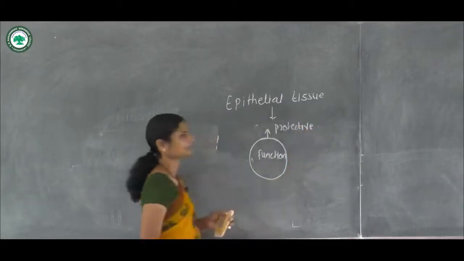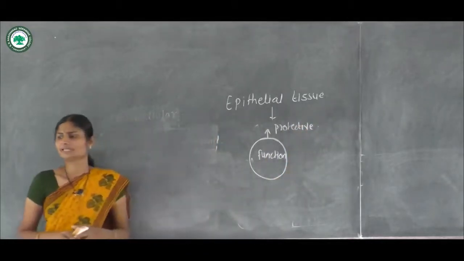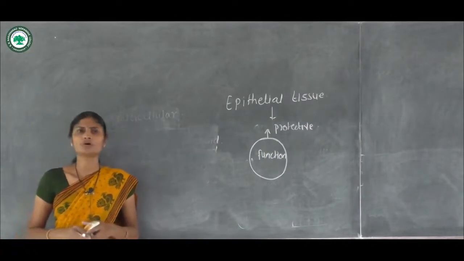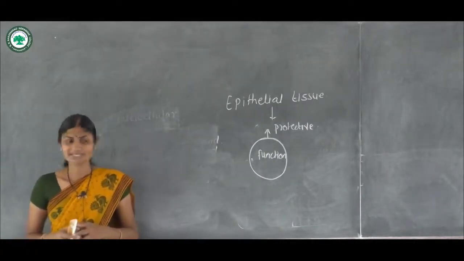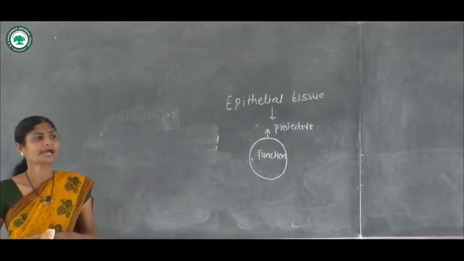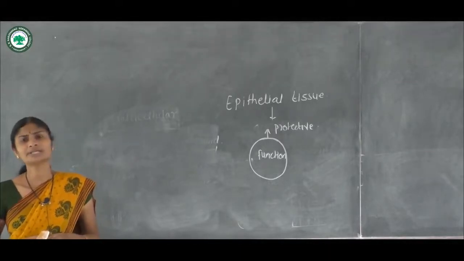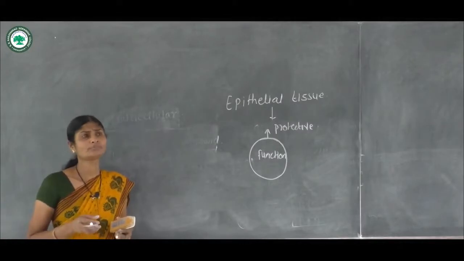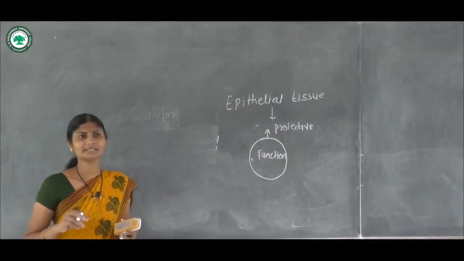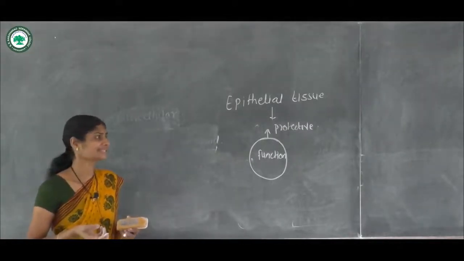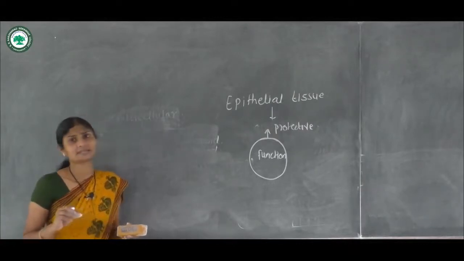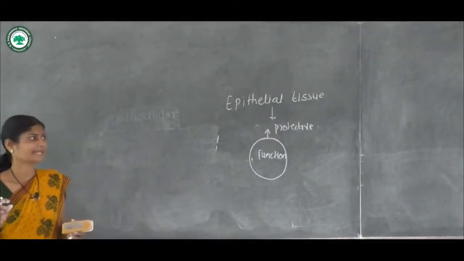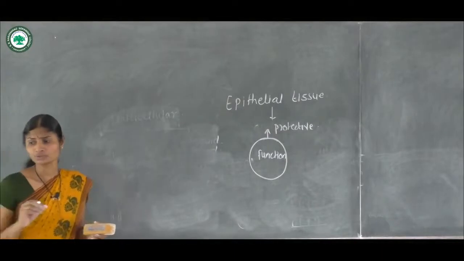Epithelium of the skin covers the whole body and protects the body. The epithelium forms two types of layers, keratinized and non-keratinized cells, and these cells protect the entire soft tissue.